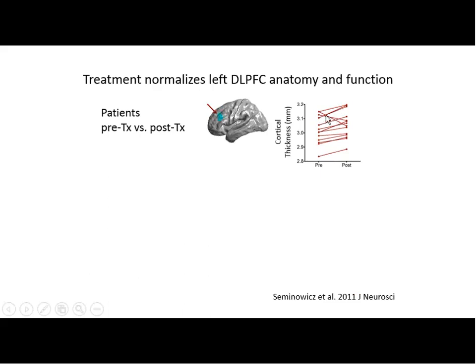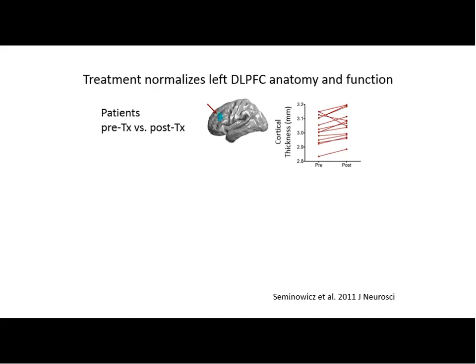You notice that 2 of the patients actually go in the reverse. We didn't have enough patients in that group to really assess what was happening, but those 2 patients were the 2 who did not respond to intervention, who actually did worse following intervention. And what we also showed was that the extent of recovery, or the increase in gray matter volume in that left dorsolateral prefrontal cortex, correlated with the reduction of pain.